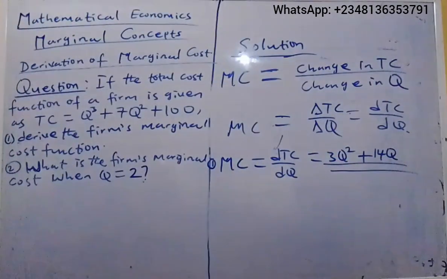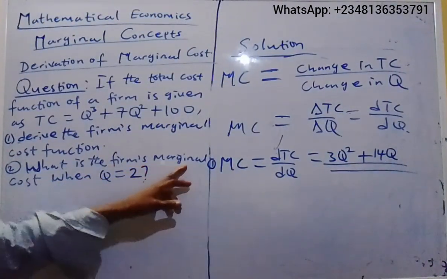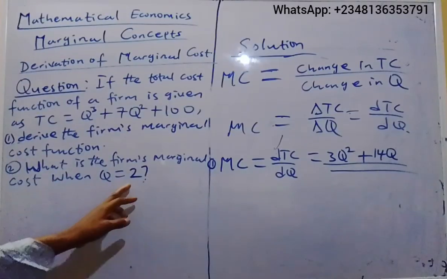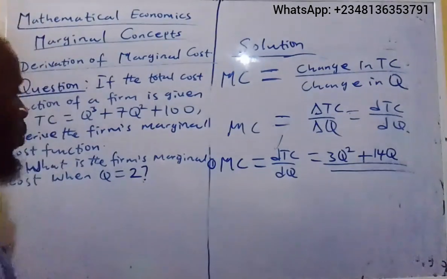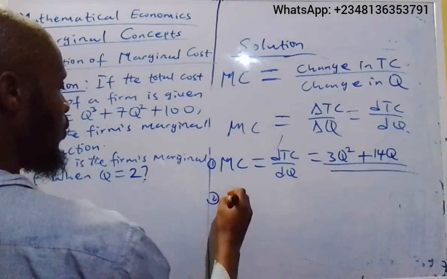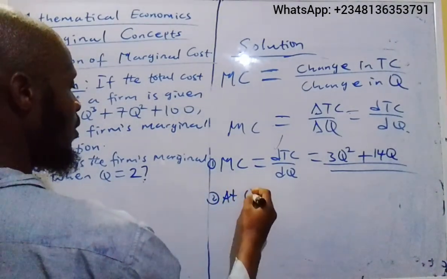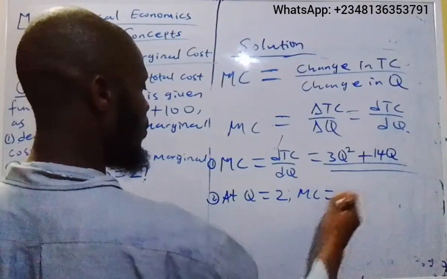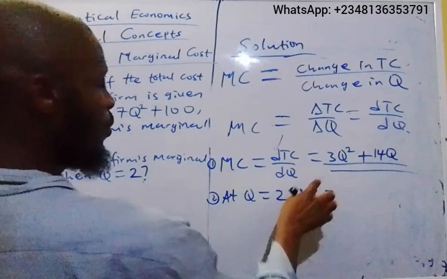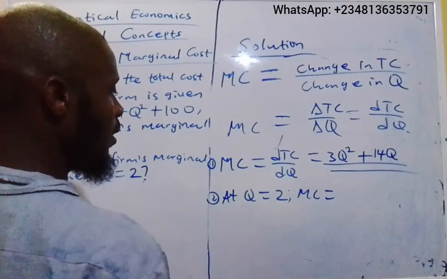Question 2 says, what is the firm's marginal cost when Q equals 2? So at Q equals 2, you just need to plug into this marginal cost function.